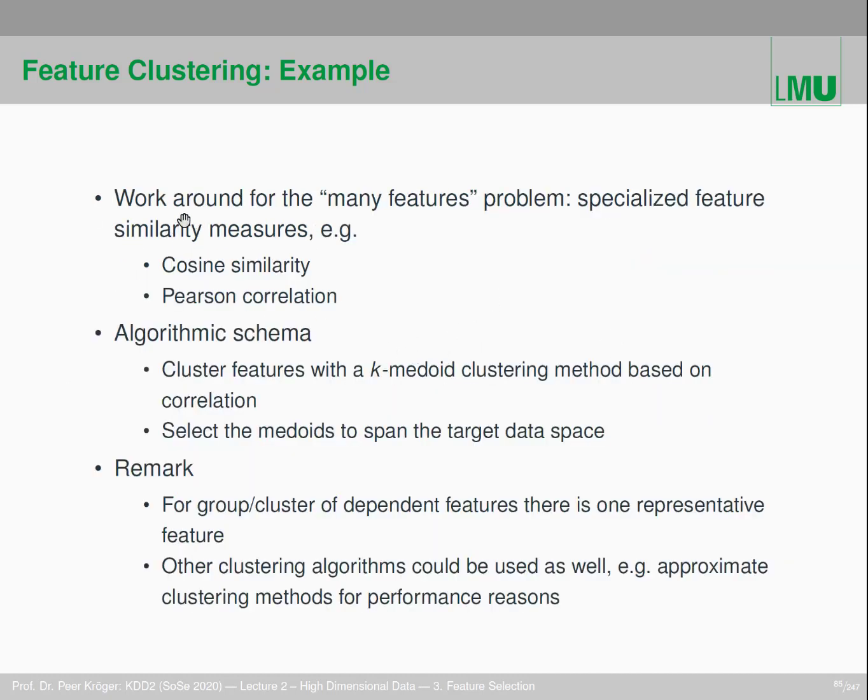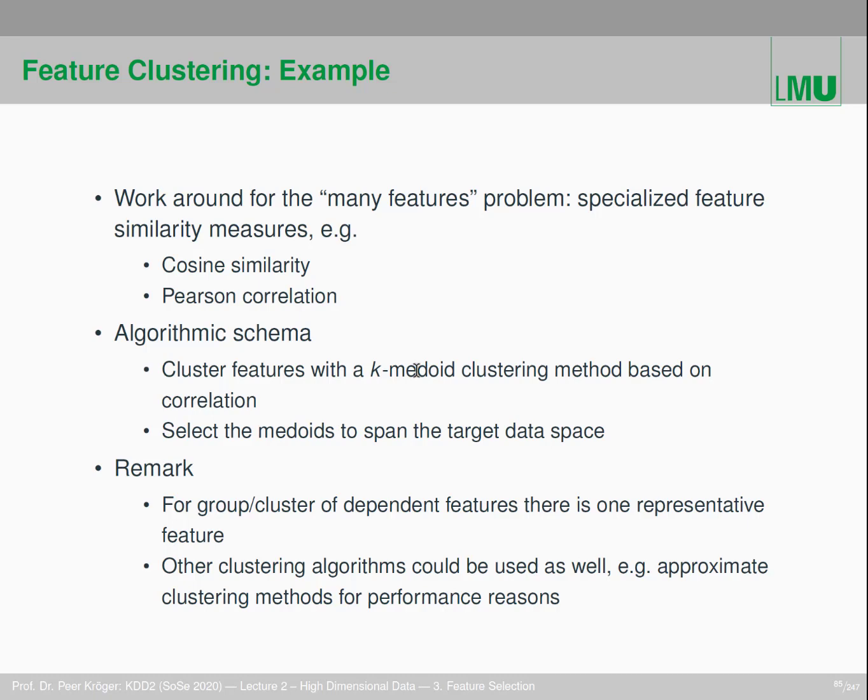So first of all, the workaround for this many-feature problem: use specialized similarity measures. For example, you can use cosine similarity, very good for high dimensional data, or the Pearson correlation coefficient, which is very often used for that. And then you just use some partitioning algorithm, for example, k-means or k-median. K-median is maybe a little bit better because it gives you an actual, real feature, which has been there before.